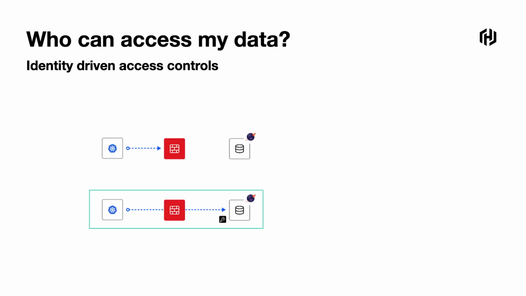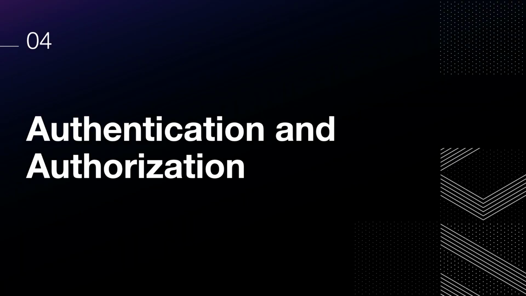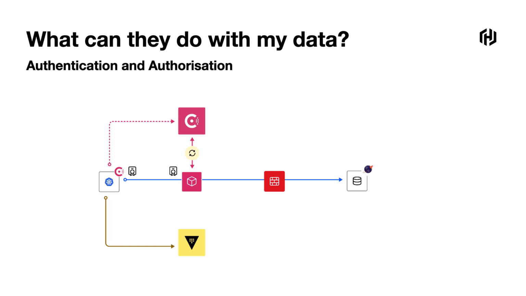So we've covered off that first one. I mentioned before that we're going to talk about authentication and authorization, and that is where we're up to now. This capability falls under Vault within our product portfolio. Since we've already covered off the idea of machine identity, I'm not going to go through that again.